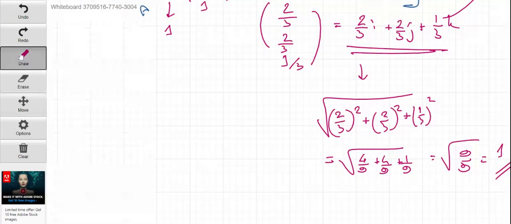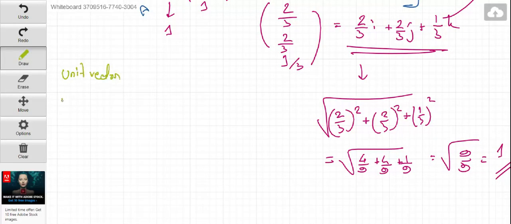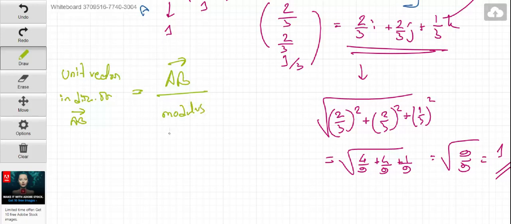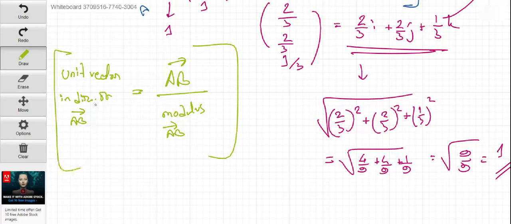So all of this boils down to a basic formula you may be familiar with. The unit vector in the direction of, let's say, AB is essentially the vector AB divided by the modulus of AB. That way you find the unit vector which is parallel or in the direction of AB.